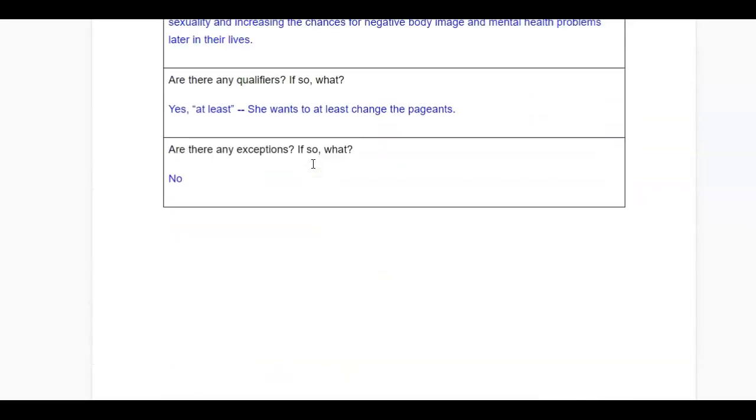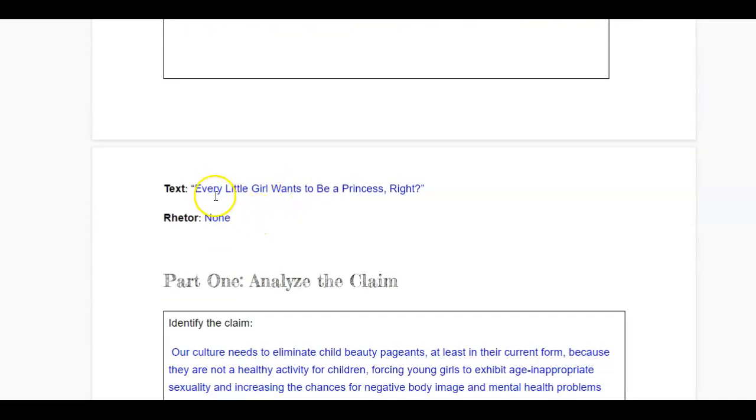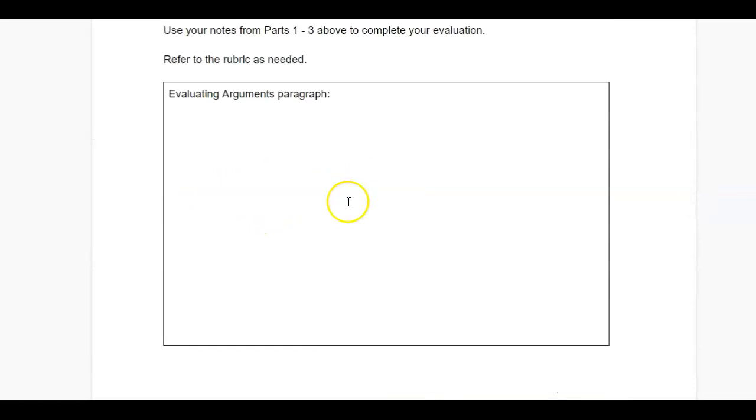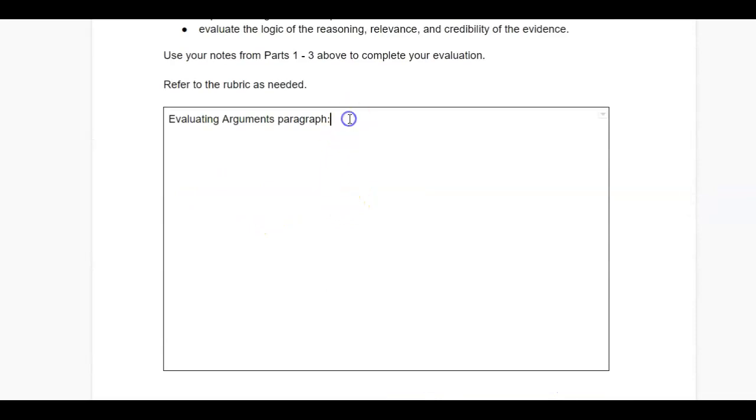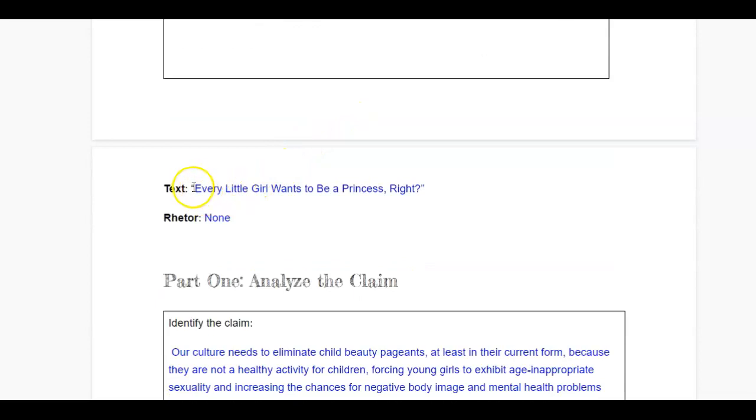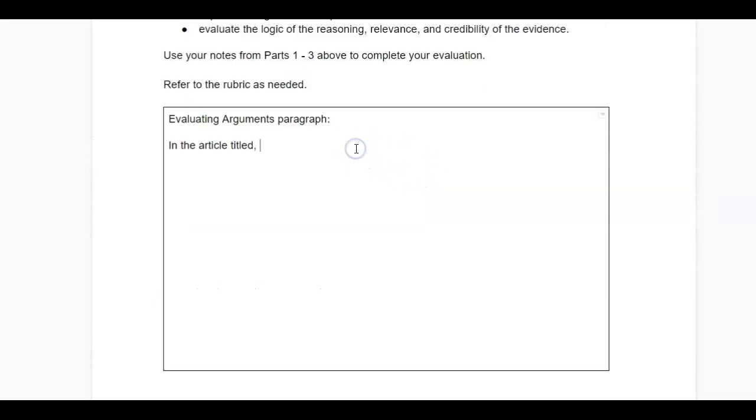So to start your paragraph, the first thing that you want to do is introduce what text you are talking about. So to start my paragraph, I might say, in the article titled, and then I could scroll down and copy and paste my title. In the article titled, Every Little Girl Wants to Be a Princess, right?